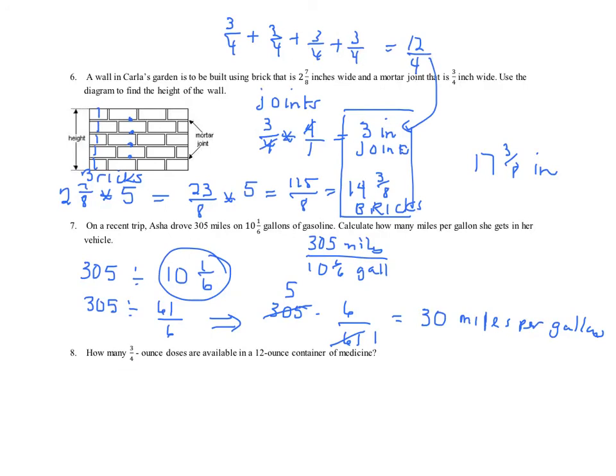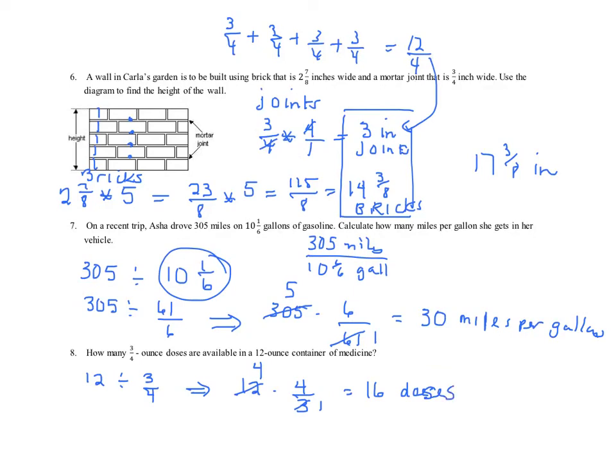Number 8. How many 3/4-ounce doses are available in a 12-ounce container of medicine? So I'm going to divide again. 12 ounces divided by 3/4. Let's take a look at that. It's 12 times 4/3, right? 3 goes into 3 once, 3 into 12, 4 times 4 is 16 doses.